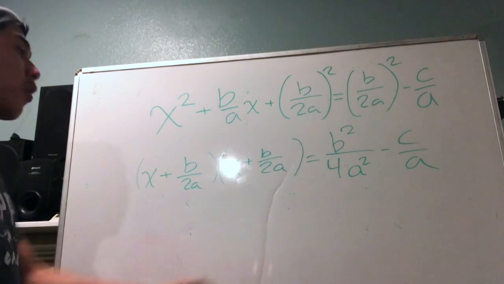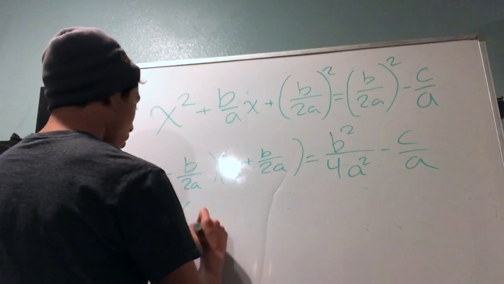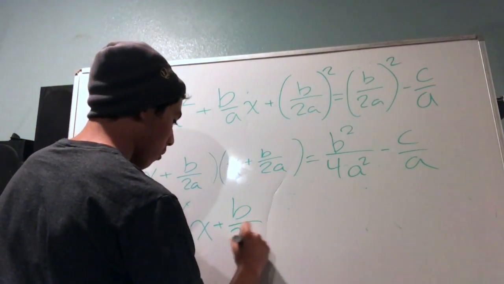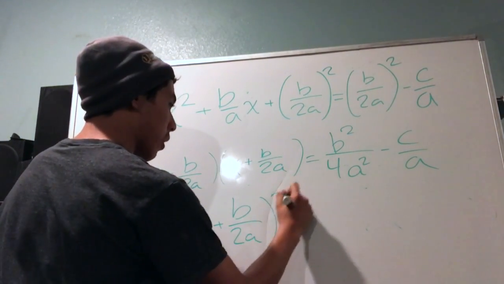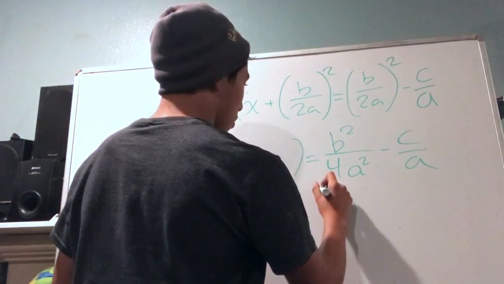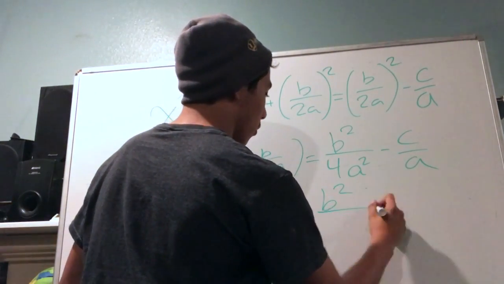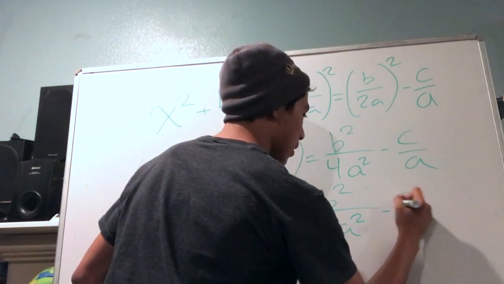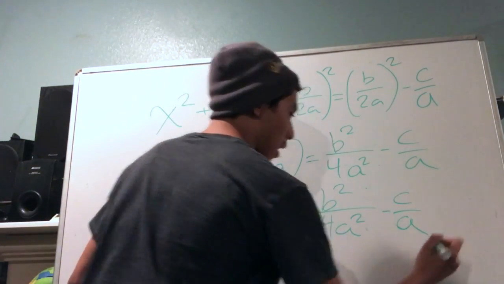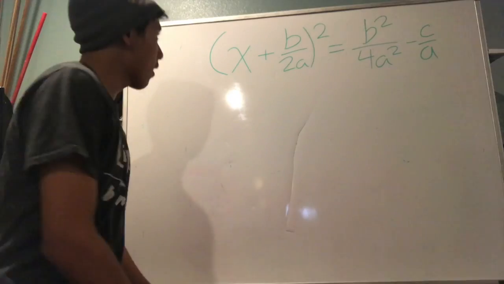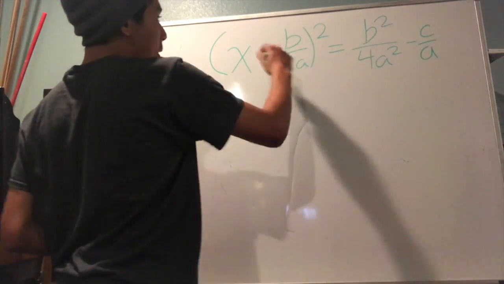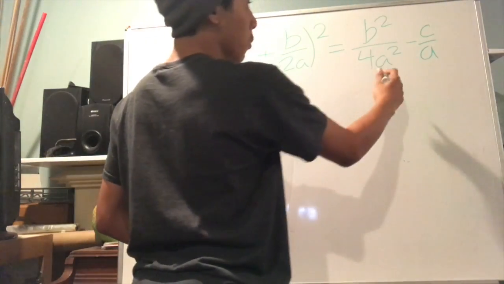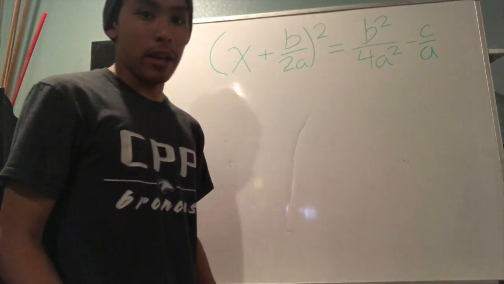And this can be further simplified into x plus b over 2a squared, and that will be equal to b squared over 4a squared minus c over a. Okay, so right now we have x plus b over 2a, all of that squared, is equal to b squared over 4a squared minus c over a.